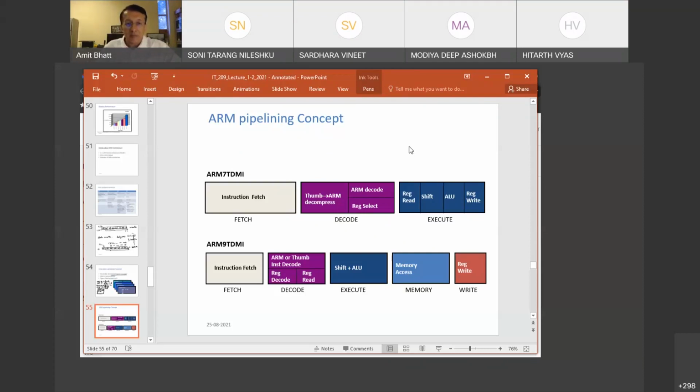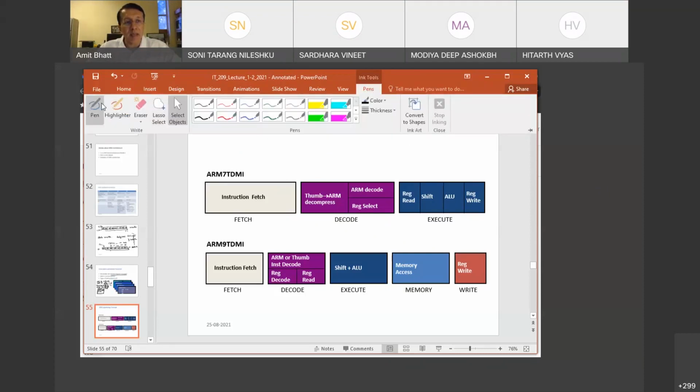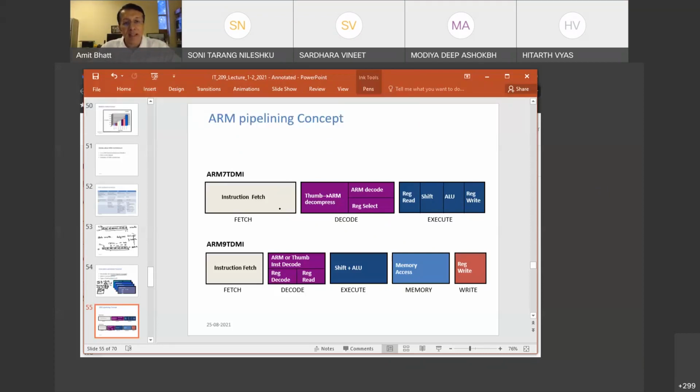So there, it is solving the problem in 3 steps. And the 3 fundamental steps are fetch, decode, and execute. So how does this fetch, decode, and execute work?